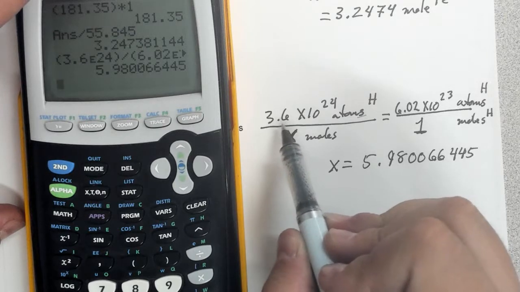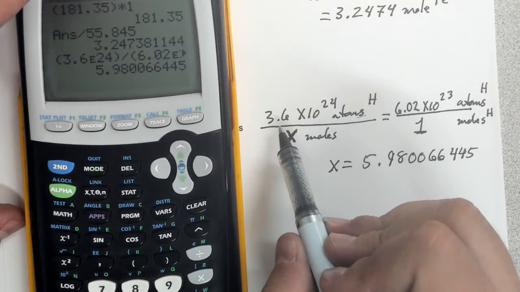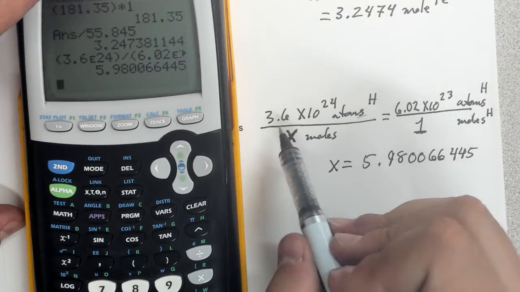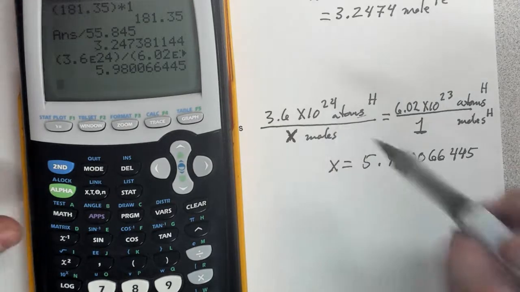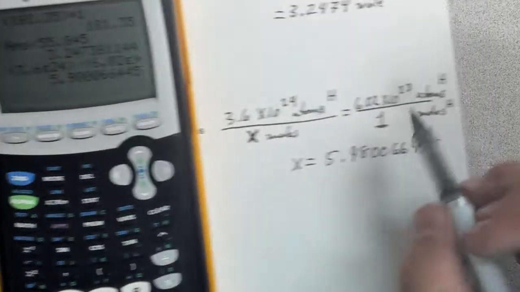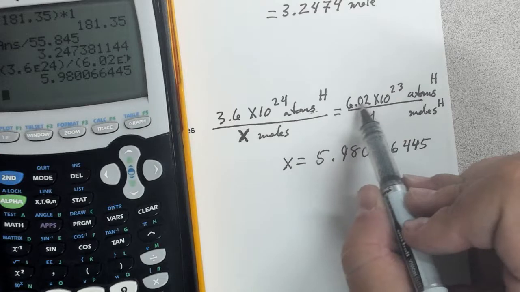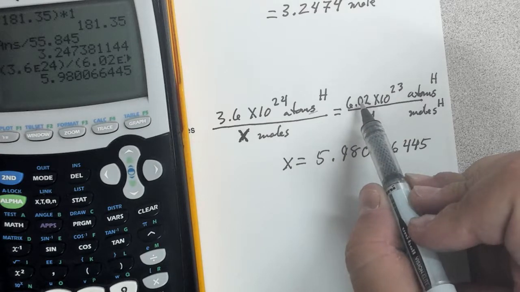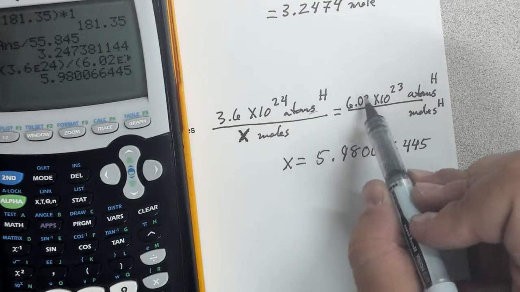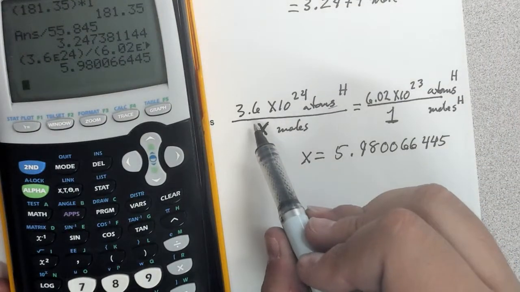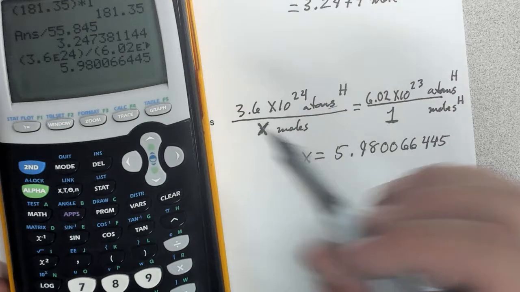I know that because both of those numbers are non-zero digits. Non-zero digit is just a fancy way to say any number that's not a 0. So this has 2 significant figures. The number I divided by has 3. I only consider what we call the coefficient in scientific notation. So I only consider the first numbers here and the first numbers here. My answer needs to have only 2 significant figures.